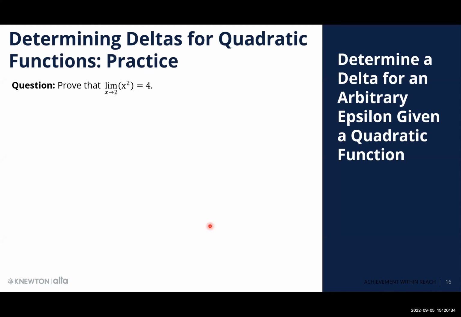Okay, so here's another one. Let's go ahead and look at this one. It says the limit of x squared is equal to 4 as x approaches 2. Okay, so let's go ahead and look at this in the paint screen so that we can try to understand how to work with this one.